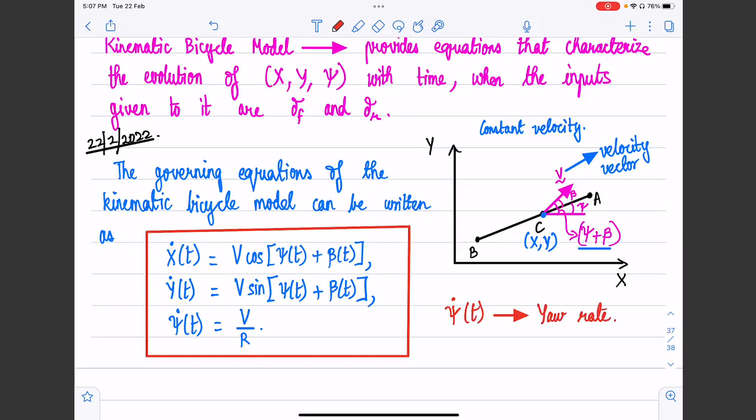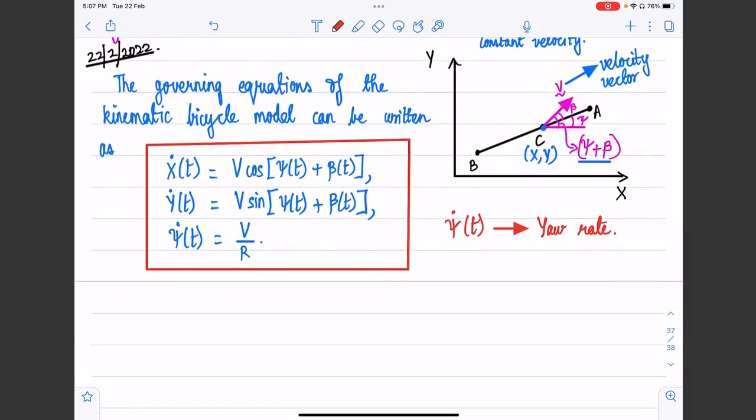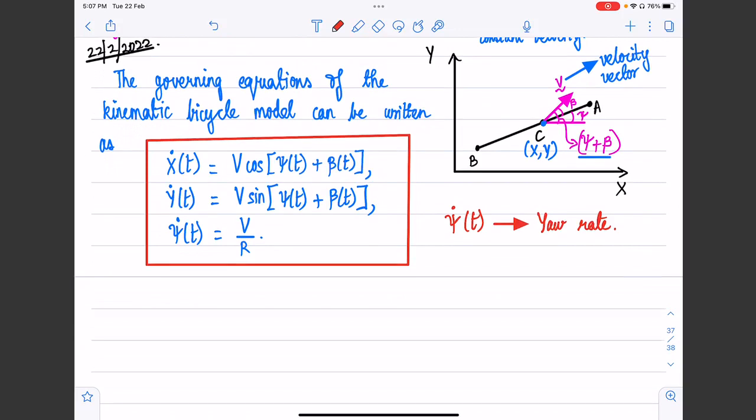And what do we mean by evolution equation? You can observe that we are getting an ordinary differential equation in time, right? So these equations show us how the variables are varying with respect to time. Of course, if I have to solve these equations, I don't know beta and r, right?